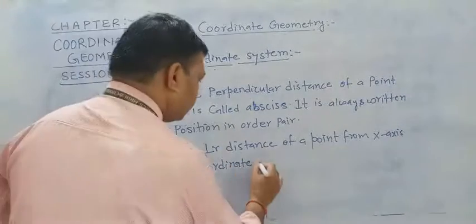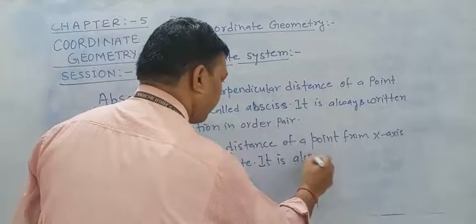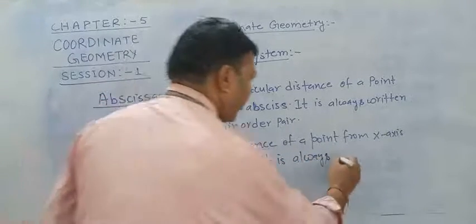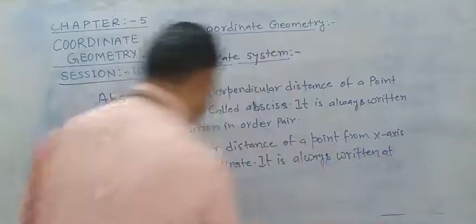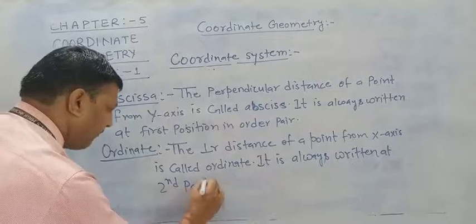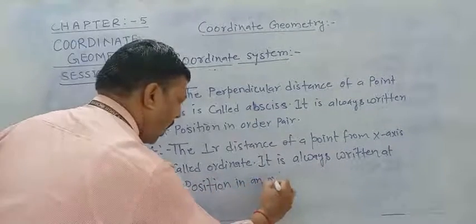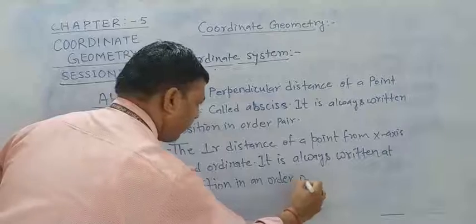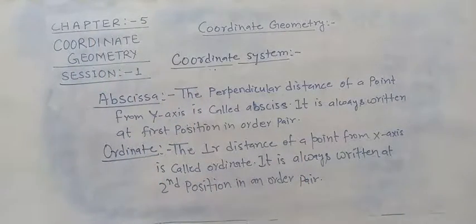It is always written at second position in an ordered pair. So this is the meaning of abscissa and ordinate.